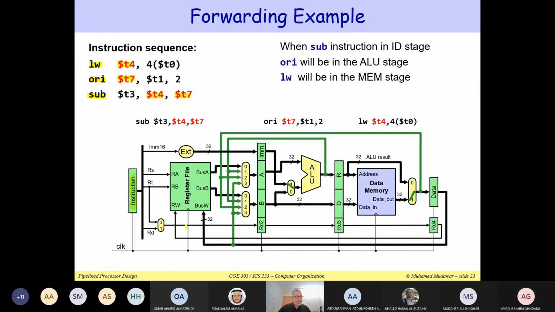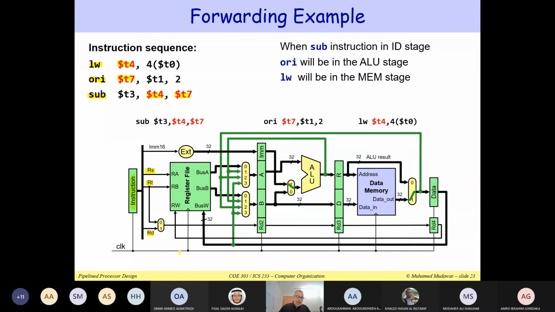How do we detect this? It is simple. Look at the register numbers. So here I have RS, here I have RT, here I have RD. So these are the register numbers. So how do I detect read after write? You look at these register numbers.